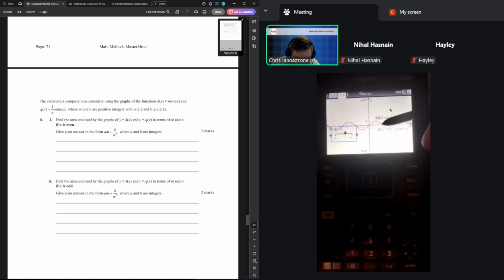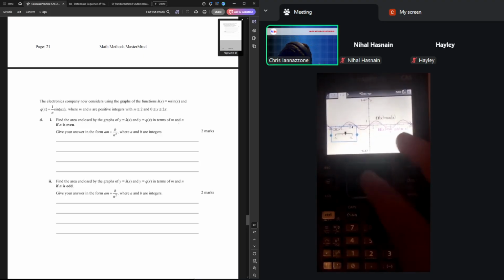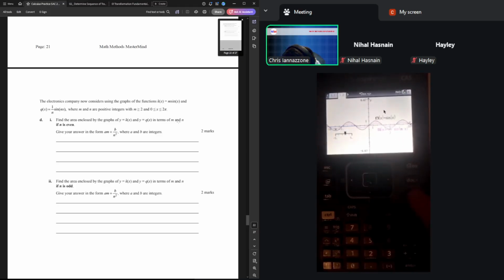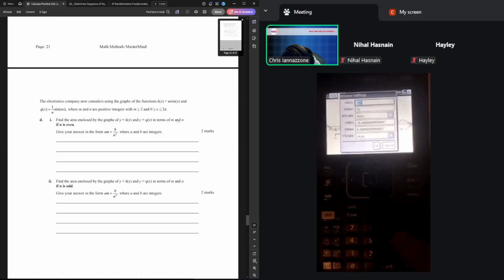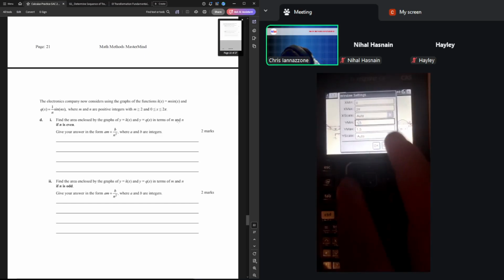Unless if I had n as that denominator, I'm not going to be able to see what's actually happening on the graph. But okay, so from here we can maybe first set our window settings appropriately. 0 to pi. Let's go 1.5. That's not how that works. Go negative 1.5.